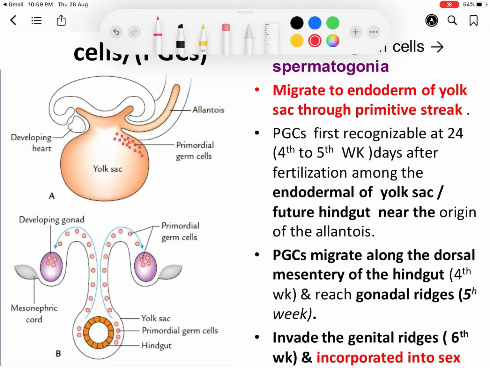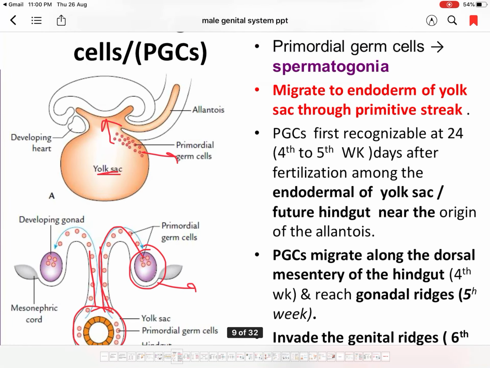Here you can see the primordial germ cell, and this is the yolk sac. So it is moving into the endoderm of the yolk sac, and through the dorsal mesentery of the gut, this is the gut and this is the dorsal mesentery of the gut, they are reaching the genital region. So they have reached the genital area.